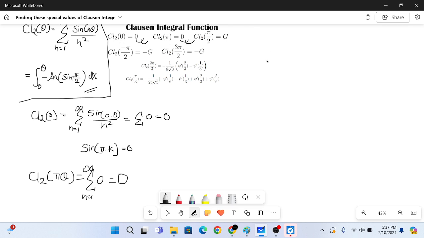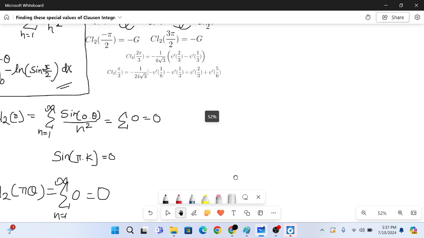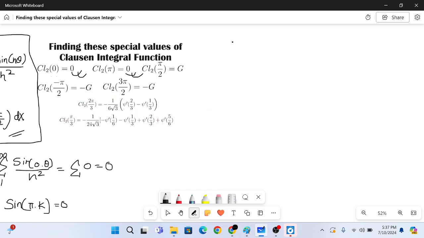Now the third one, CL2 of pi by 2. Now this one is a good one. We have CL2 of pi by 2, which is the sum from n equals 1 to infinity of sine of pi by 2 times n divided by n square.